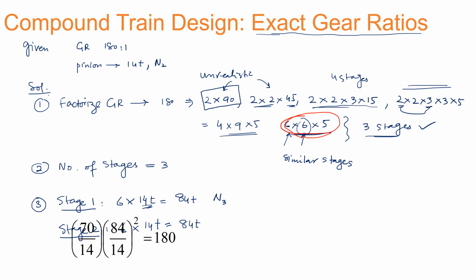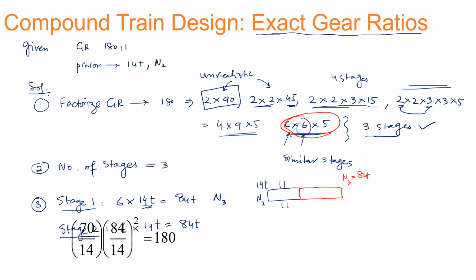Now, at this particular stage, it would be appropriate to visualize the whole process before we move forward. So that would be something like, you have on the input side a pinion, and this pinion is going to be having 14 teeth. So this is N2, indicated to be N2. And this is getting engaged with the first stage that we have just mentioned, where N3 is indicated to be having 84 teeth over here.